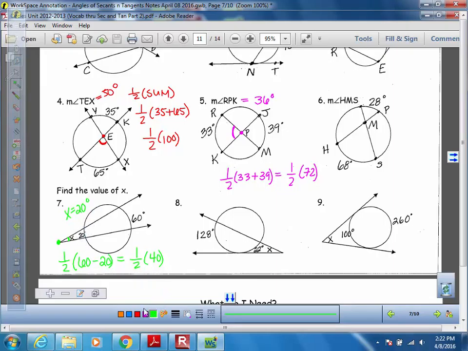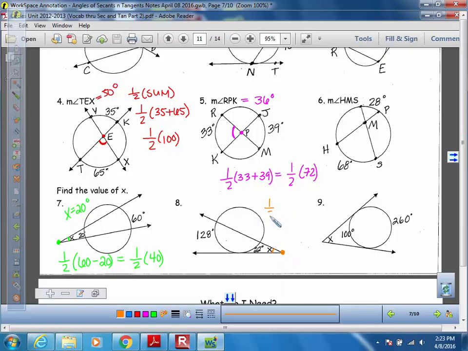Okay, let's try one more of those. So let's look at 8. In 8, again, we're finding this measure in the corner. My vertex is outside of the circle, so I'm using the formula 1/2 times the difference.